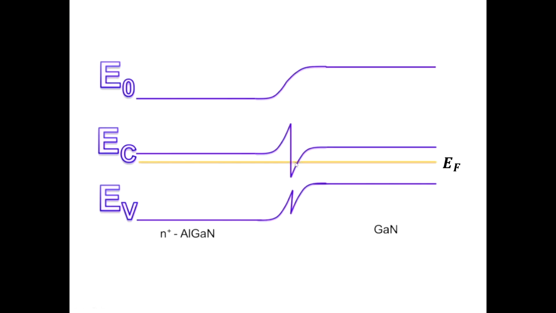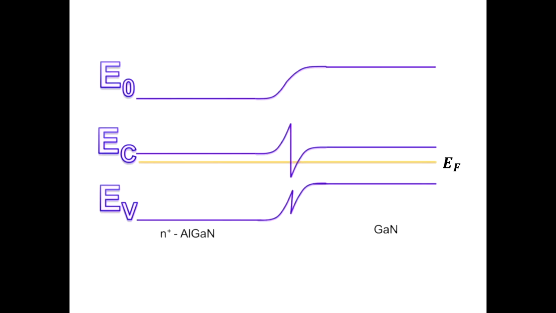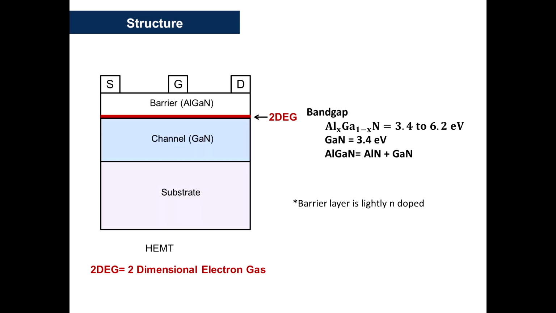So this is the quantum well, or the trap, where electrons fall and are confined, and this 2DEG is formed throughout this device. Here the concentration of electrons is very high and it's a thin layer, so we can say there is no scattering, so the mobility of electrons is very high. So this is the main principle behind the working of a HEMT.